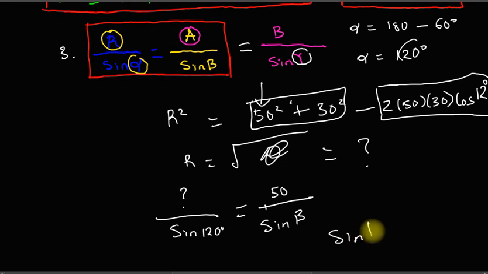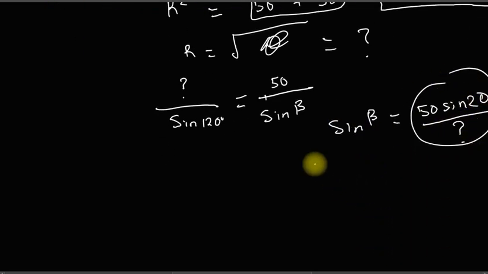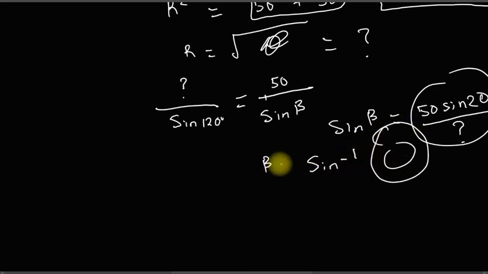Cross multiply, we have sine beta is equal to 50 sine 120, over your resultant, right? So when you're done, you get your answer, and then take the sine inverse of whatever you got. That would be your answer for beta. So do it and tell me what your answer is in the group chat. Now, do it. That's your first classwork.